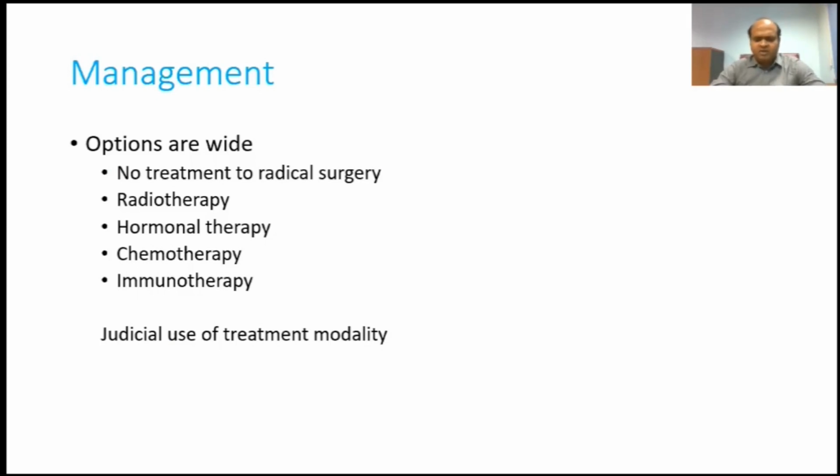So there are many options in the basket for treatment of prostate cancer, but each and every modality has its own place in terms of stage of the disease and many other criteria which determine what should be the ideal treatment modality for an individual patient.